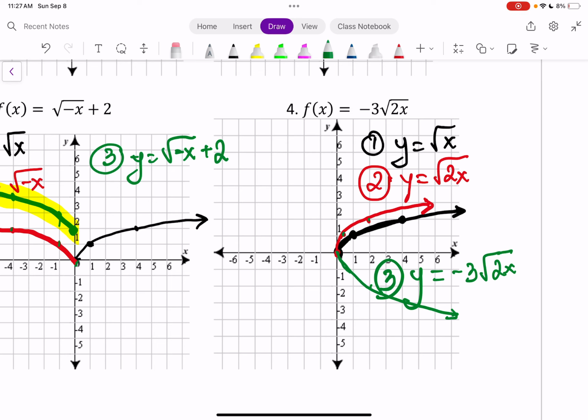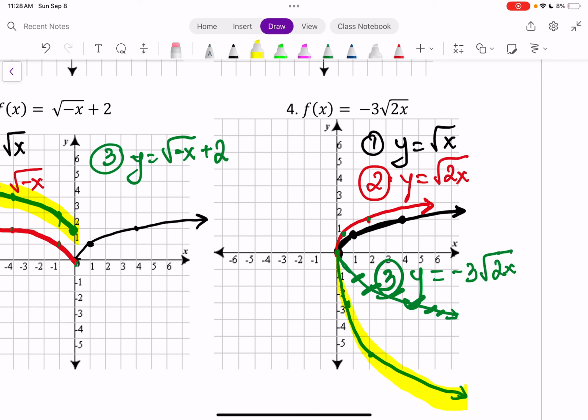So you could, from the beginning, multiply by a -3. So this y was at 1, now it's at -3. This y is at 2, now it's at -6. So there you have it. It's flipped because of the negative, and it's 3 times as wide as it was before. So here is your y equals -3 times the square root of 2x.